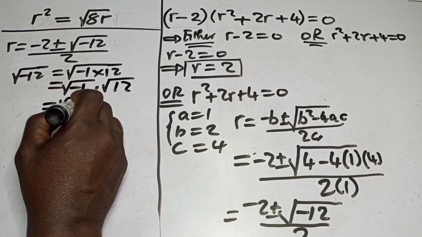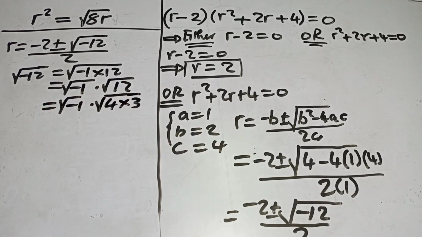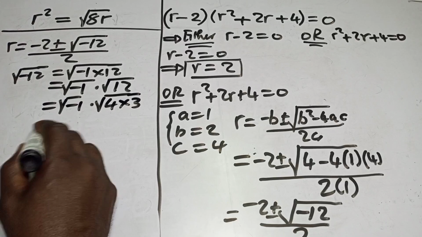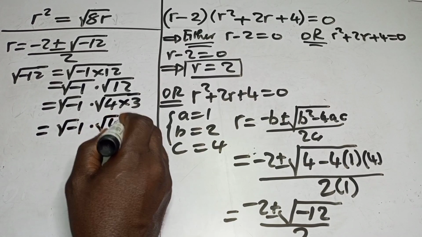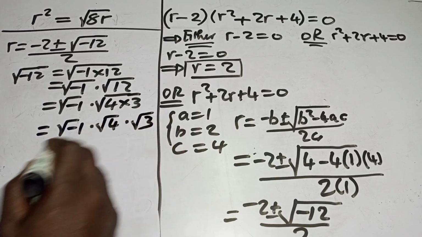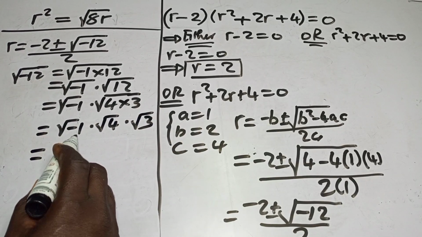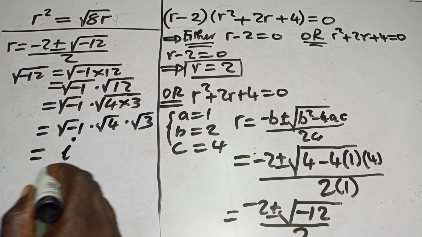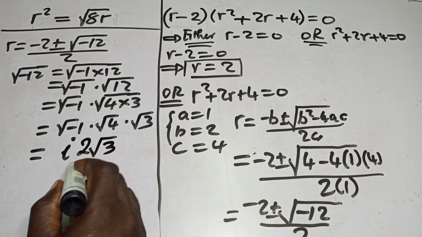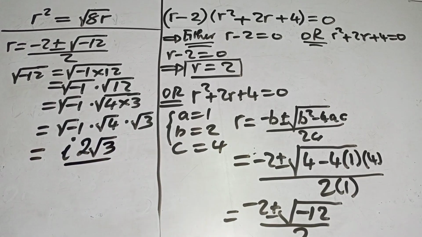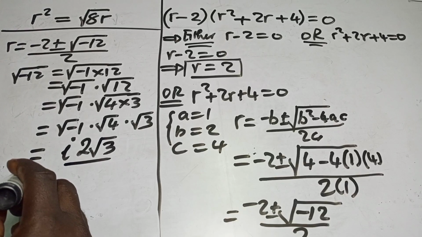But the root of 12 can also be written as root of 4 times 3. So all of this gives us root of negative 1 multiplied by root of 4 multiplied by root of 3, which gives us root of negative 1 is the imaginary number i. Root of 4 is 2, and then multiplied by root of 3. So root of negative 12 is i 2 root 3.